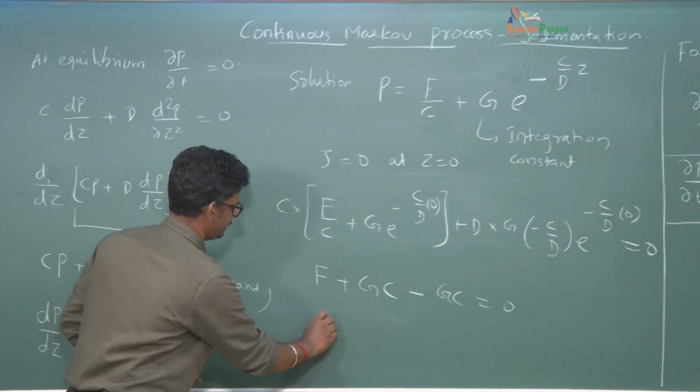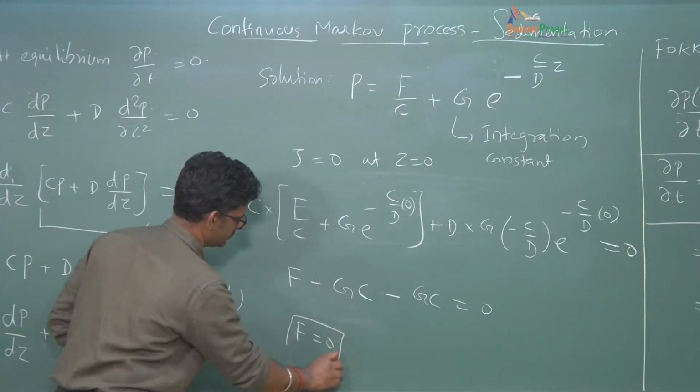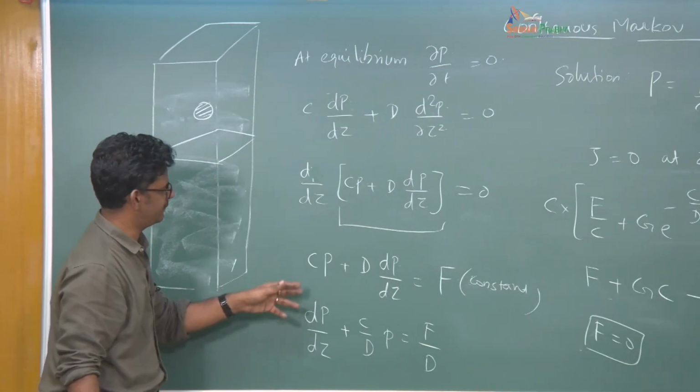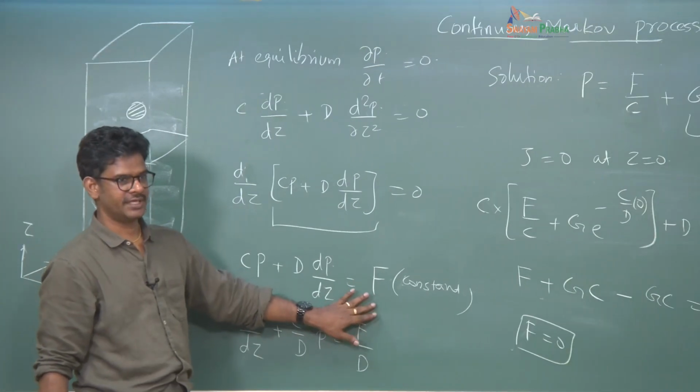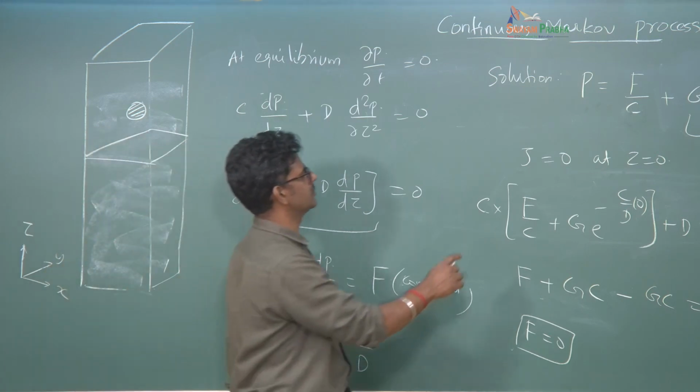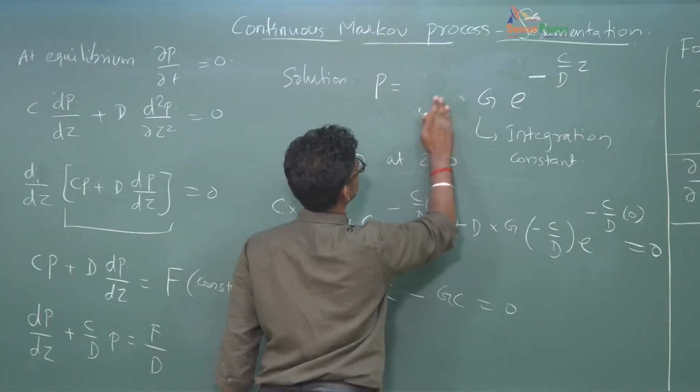This basically means F is equal to 0. The constant F that we mentioned here is basically 0. So then P becomes simply just this.